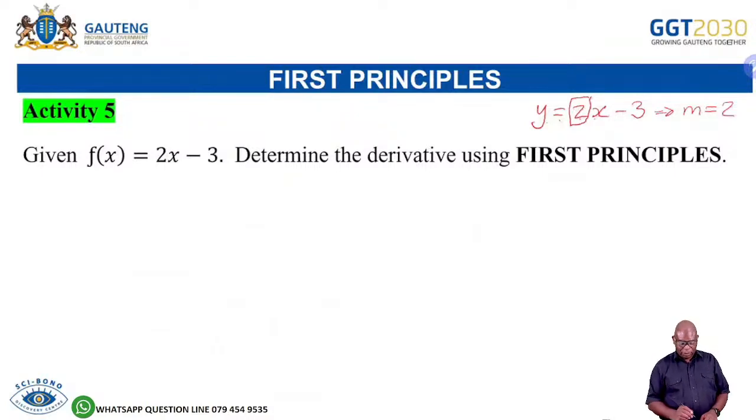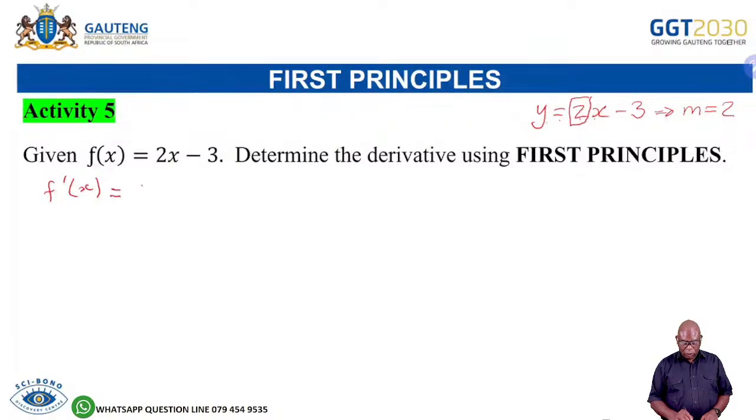f at x, same thing. f prime x is equal to. Now I'm no longer going to write down the formula. We're used to that formula now. I'm not saying don't write it when you're writing your tests and your classworks. You must always keep writing that formula.